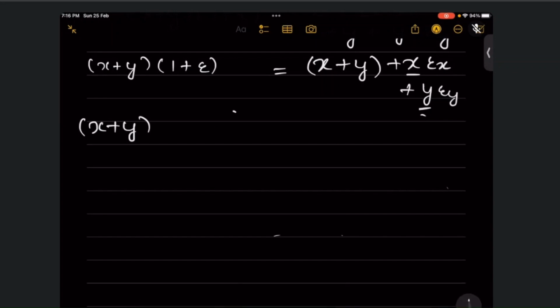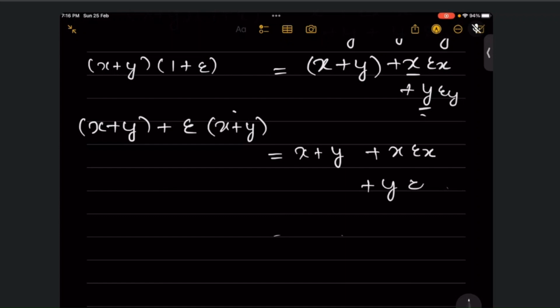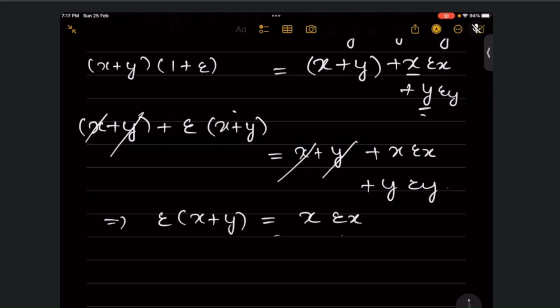Yeah, x plus y plus epsilon times x plus y, and here x plus y plus x times epsilon x plus y times epsilon y. Now this x will cancel, this y will cancel this y. And now we will get epsilon of x plus y equal to x epsilon x plus y epsilon y.